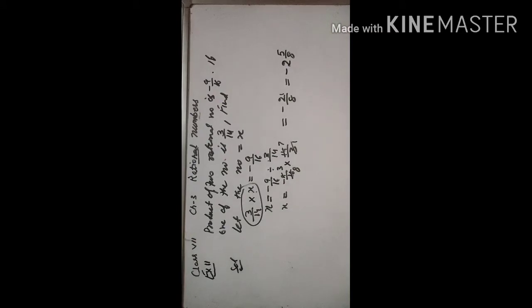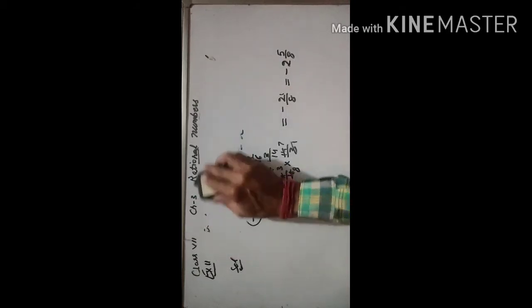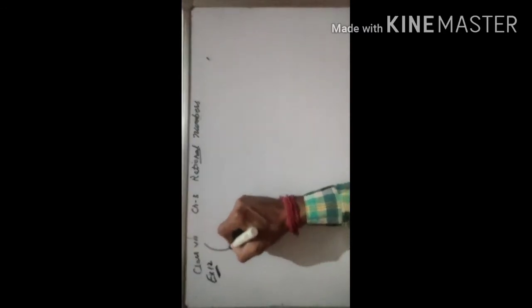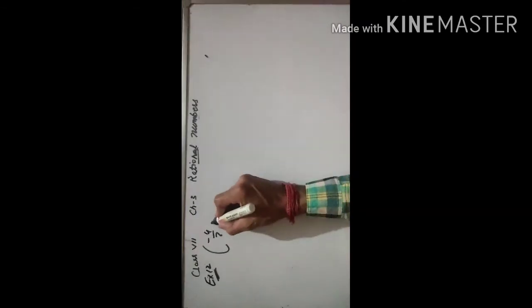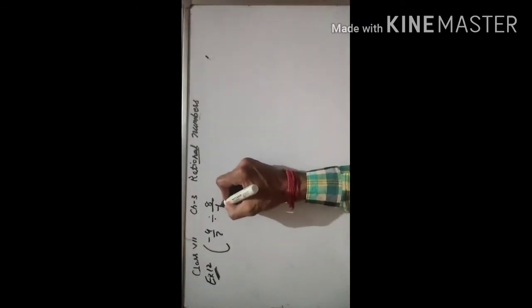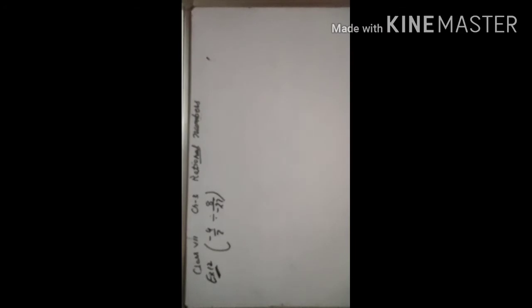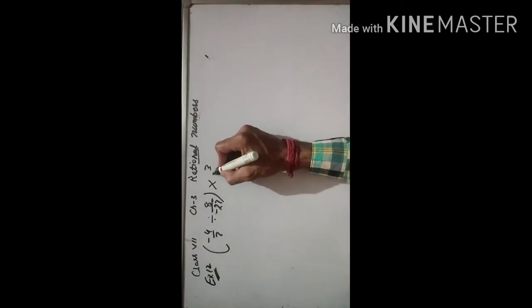Now example number 12. Find the value of minus 4 by 7 divided by 8 by minus 27, into 3 by minus 4.